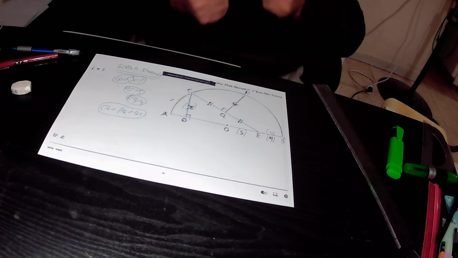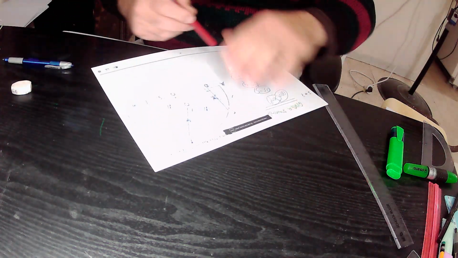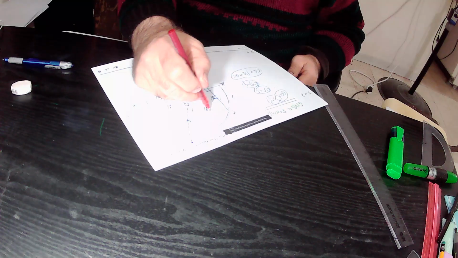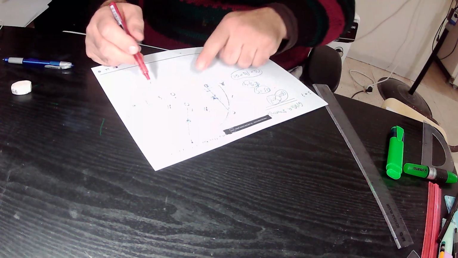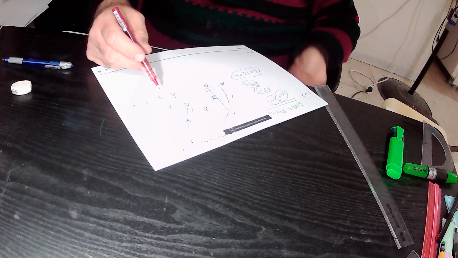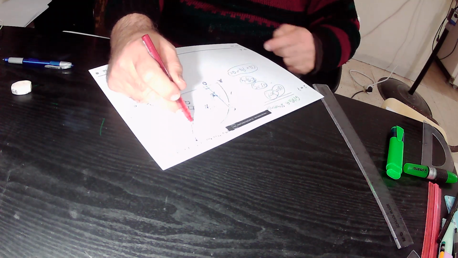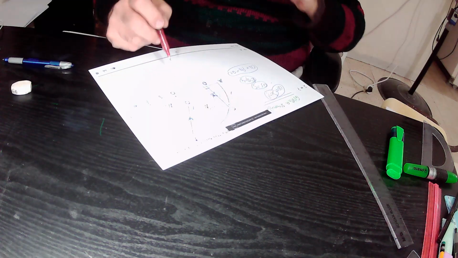So if we define the length of CQ as A, then the length of line segment QE and line segment PQ must also be equal to A, because all those three line segments are equal to each other in their lengths according to what is given in the question.